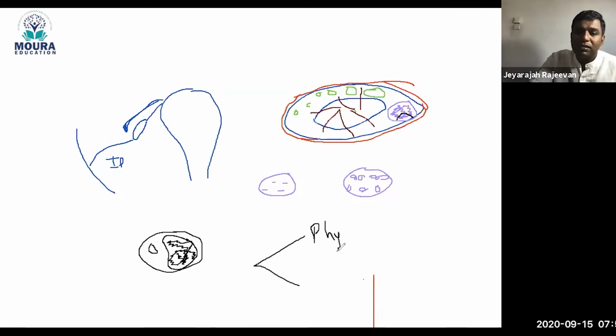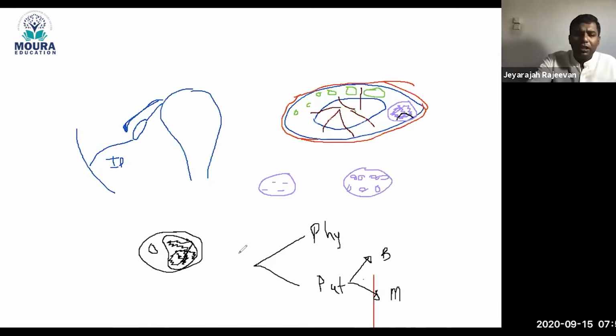The second one is pathological cyst. The pathological cyst can be benign or malignant. Are you all clear?